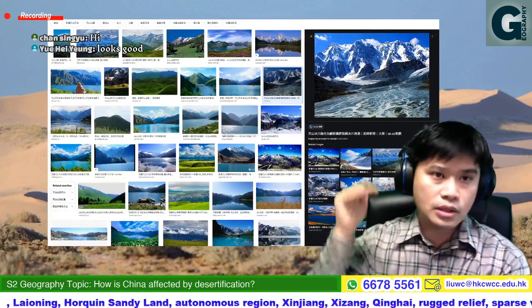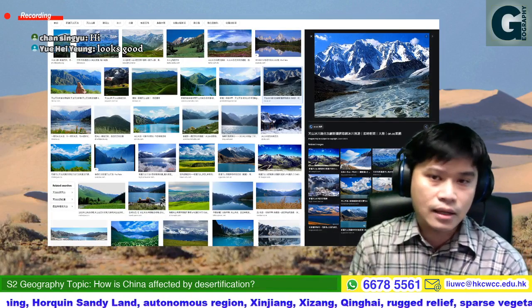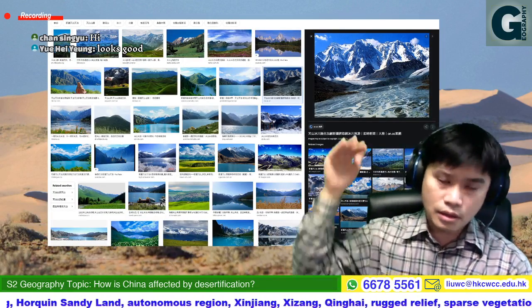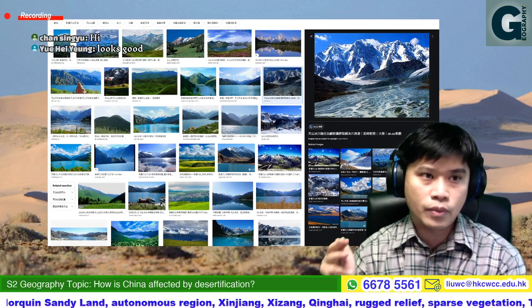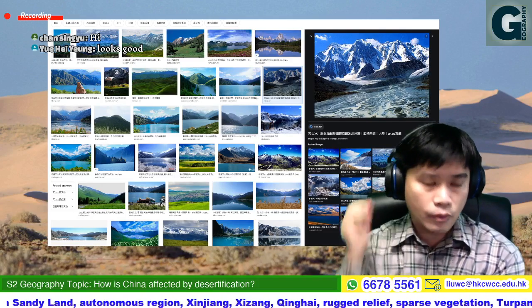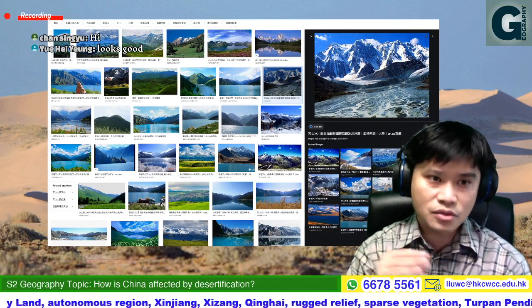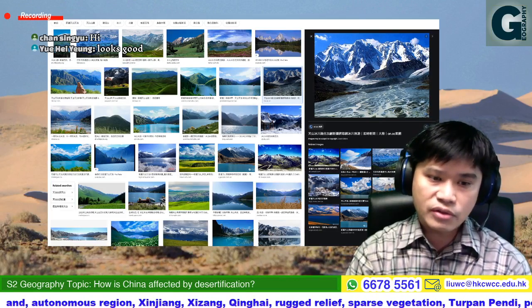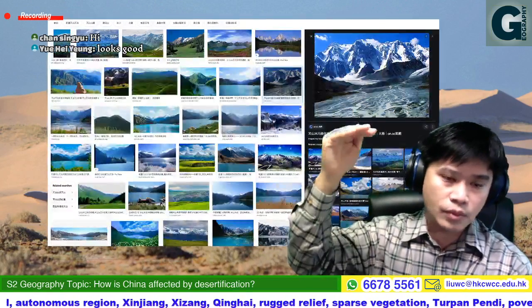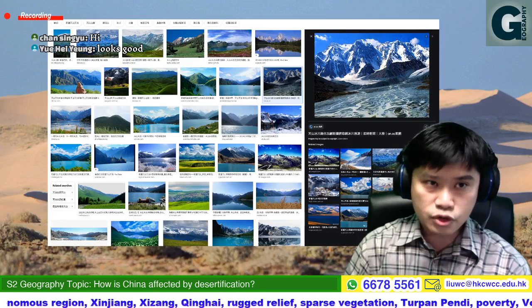It is because the altitude is quite high. Therefore, the temperature at the top of the mountain is relatively low, and that leads to the formation of glacier, even in the middle of the desert. So if the mountain is high, there could be glacier and snow.